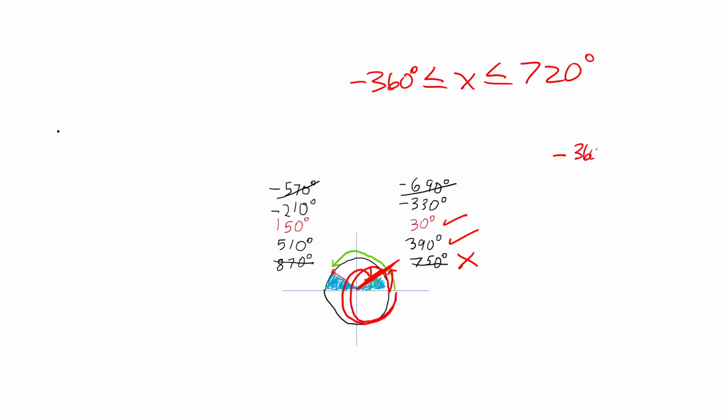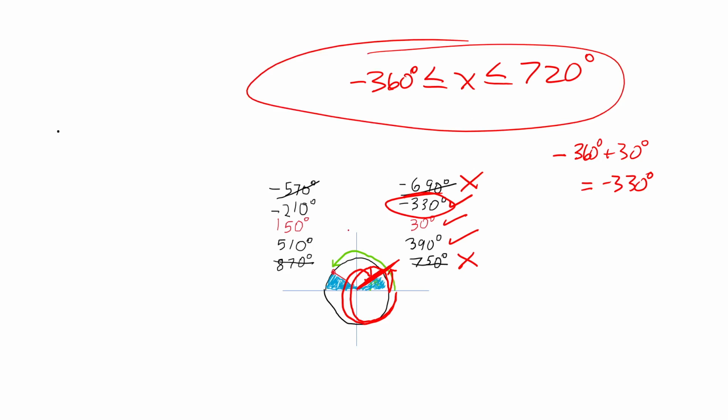So it would be like going negative 360 degrees plus 30, which would be negative 330. So you can see that we can get that value of negative 330 by simply subtracting 360 from 30. Okay, well, let's do it again. If we do it again, we get negative 690. Now, negative 690 degrees is on that terminal arm that we're looking at right now, but it's not in this domain, so we don't count it.